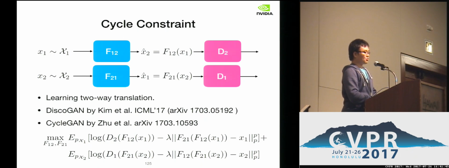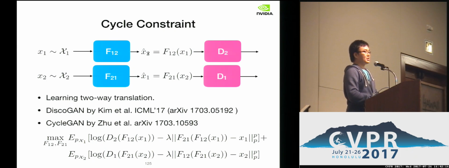What this cycle constraint hypothesizes is that by applying F12 and F21 in sequential order, you should be able to reconstruct the original input image. So this is the cycle constraint. When you apply this, you also make sure that the intermediate output, say when you convert S1 to S2, has to look like a real image from the second domain.